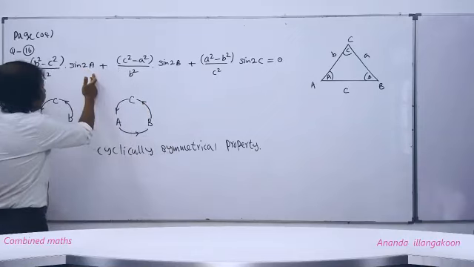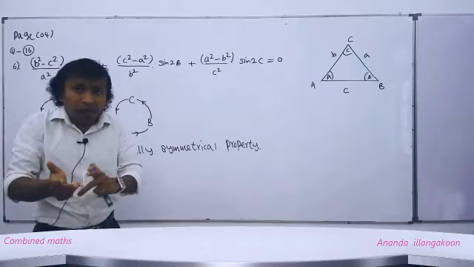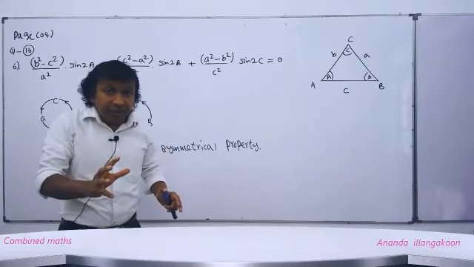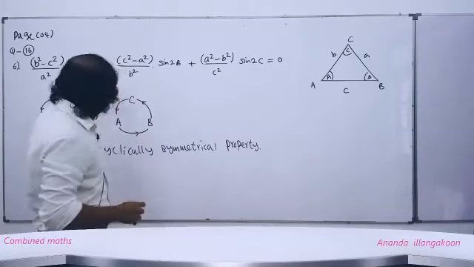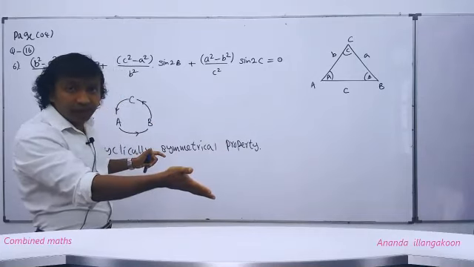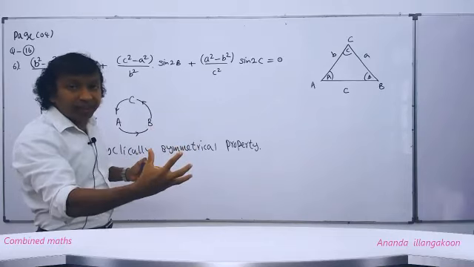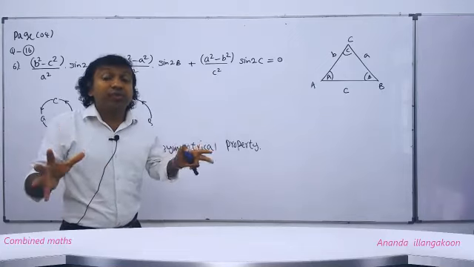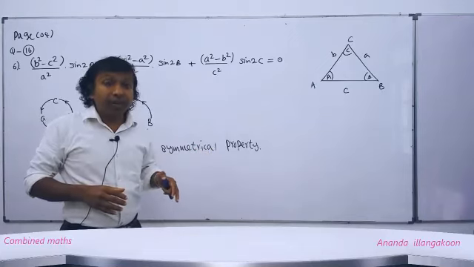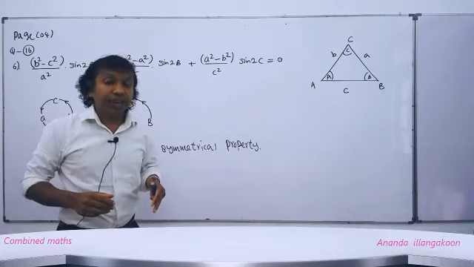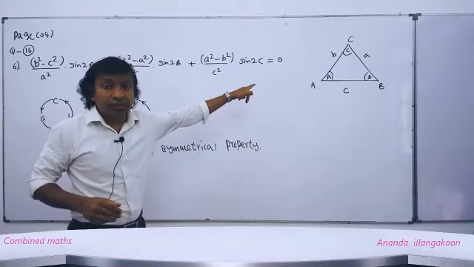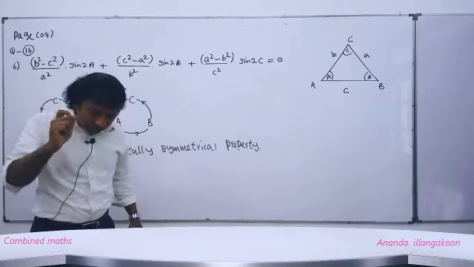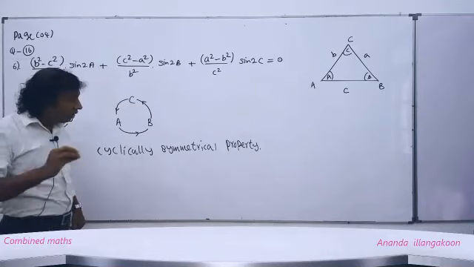Then we compare that term and its answer, and by understanding the pattern, we write the other two similar expressions without simplifying as before. Then we add the three terms and show that it is zero. Sometimes you can't understand this immediately, but you will when we do it. So first you have to understand the cyclical symmetrical property.